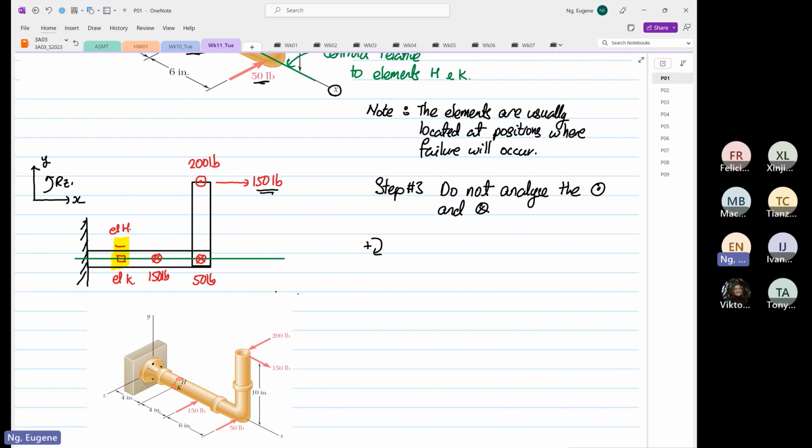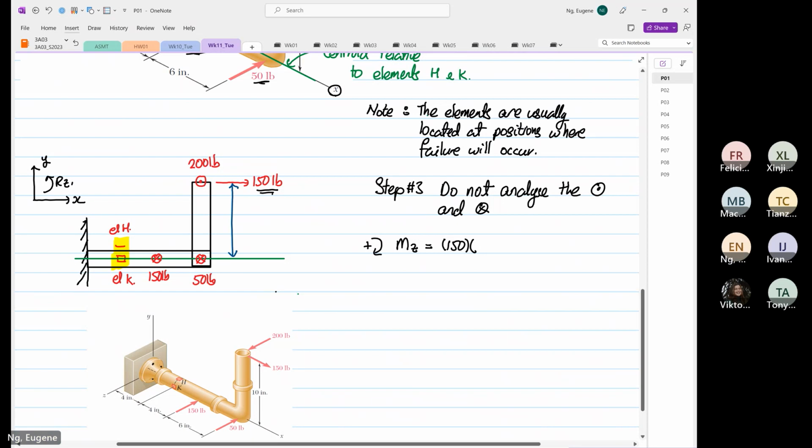From here, you know the Mz will be equal to 150 multiplied by the perpendicular distance. Take note, the perpendicular distance is to the centroid.